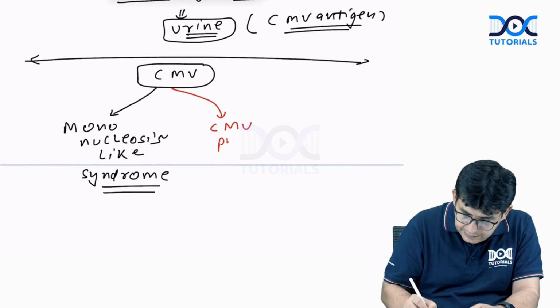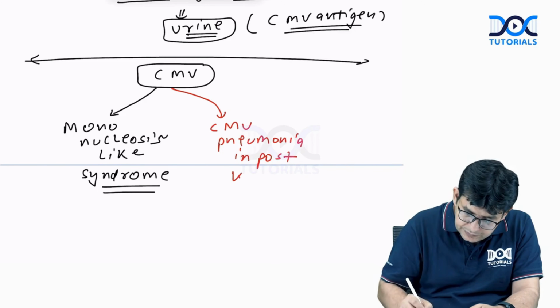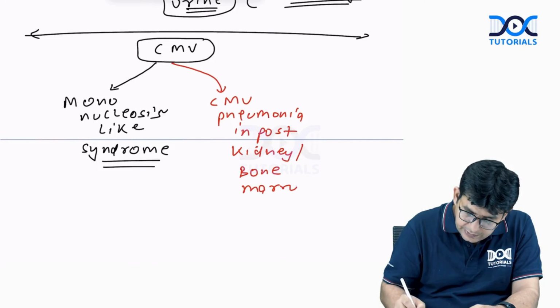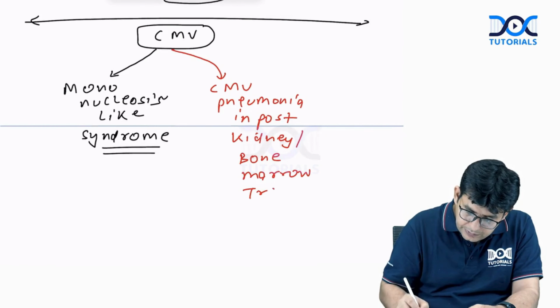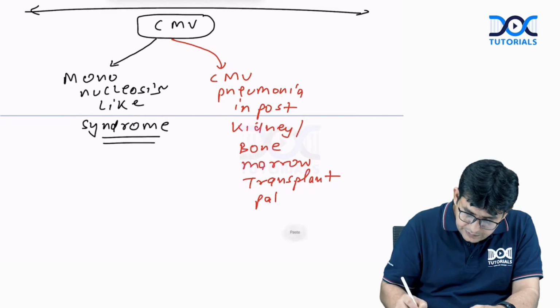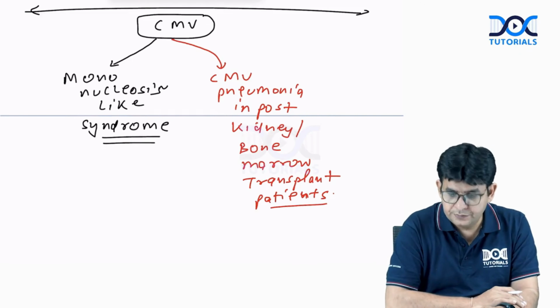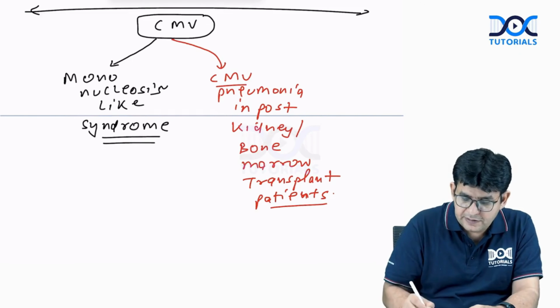Another one is that the cytomegalovirus associates with CMV pneumonia in post kidney or bone marrow transplant patients. Post kidney or bone marrow transplant patients, they are predisposed to get this particular pneumonia up to 4 weeks, okay, because of CMV.